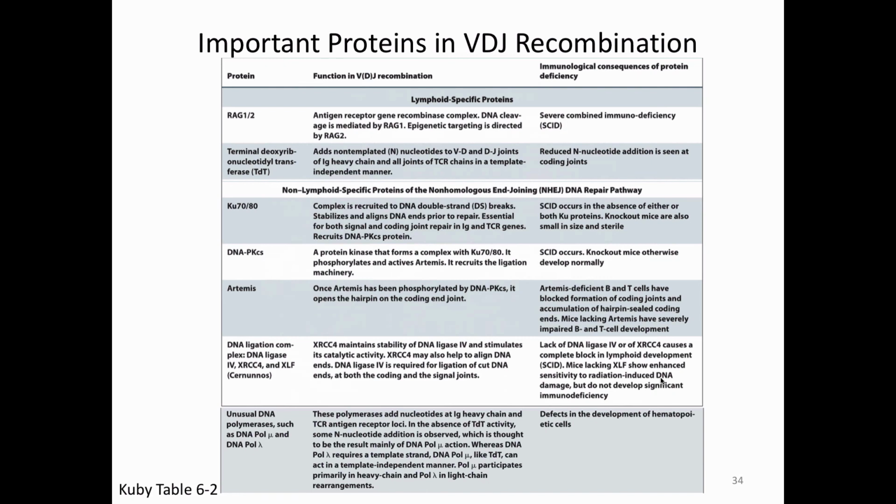Everything else on here is actually found in all cell types as part of general DNA repair. We just use it for VDJ. So the other ones I'll mention briefly, but RAG, TDT, and Artemis are really going to be our stars of the show. And this is why Monday is going to be a lot of detail of a lot of things. And this is why you need this many details, because if this process gets messed up, it goes really, really, really badly.